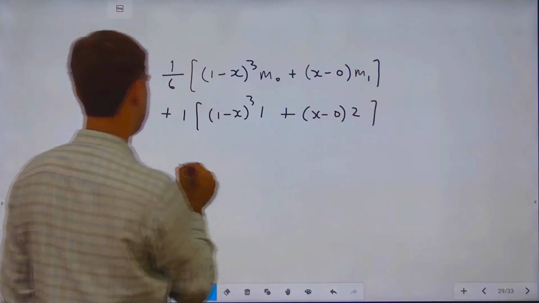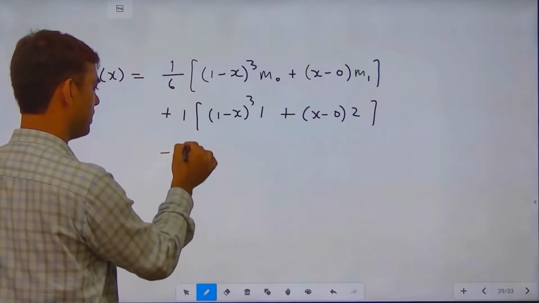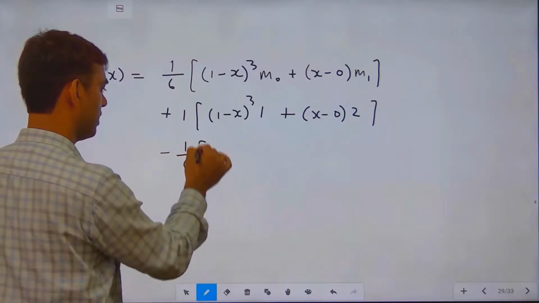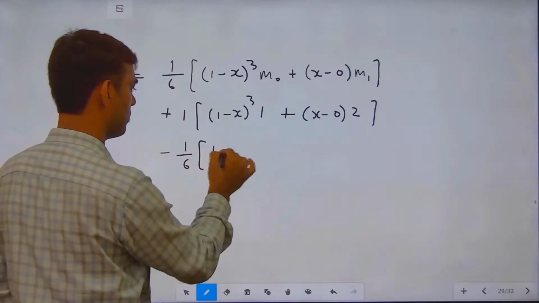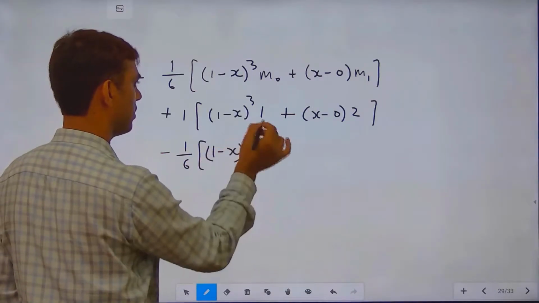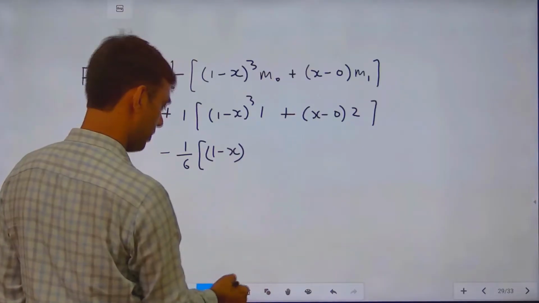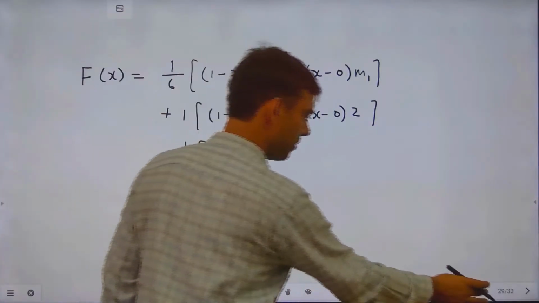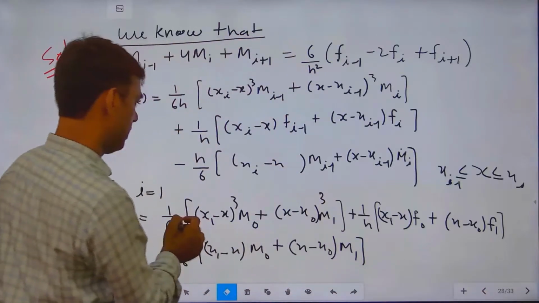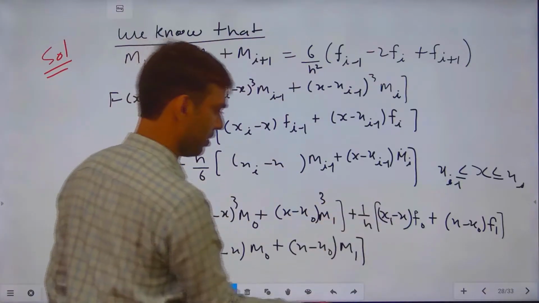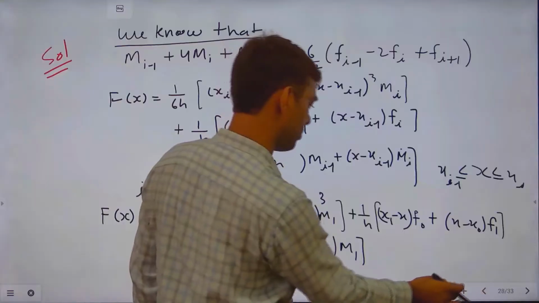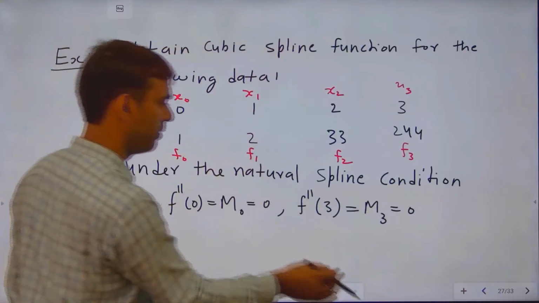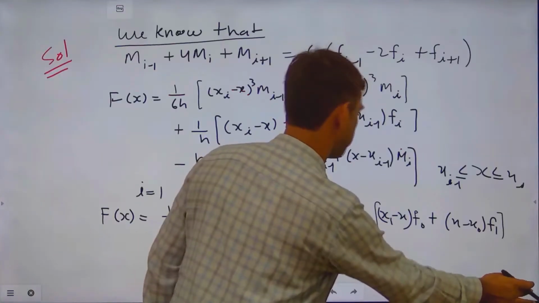Then we write this term minus h by 6, meaning 1 by 6. Simplifying, this is 1 minus x, not a cube, because there is only x1 minus x, and x1 is 1, so 1 minus x.